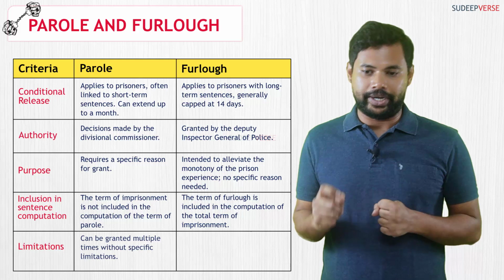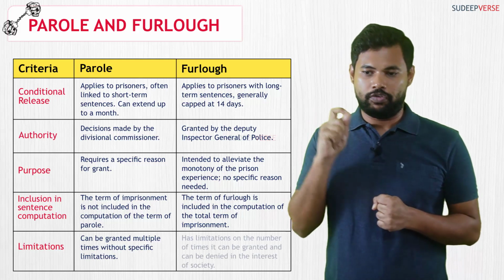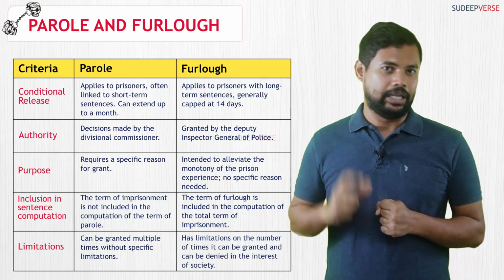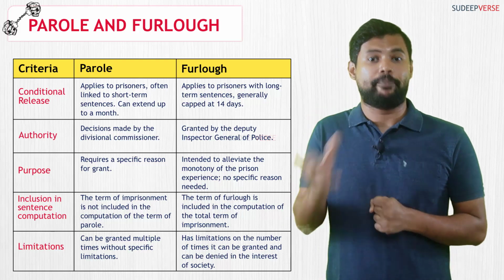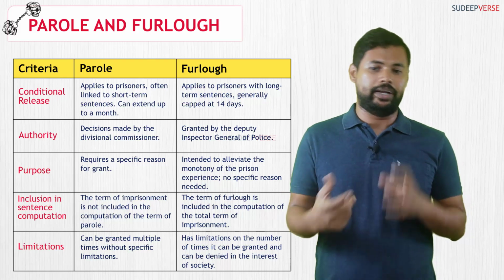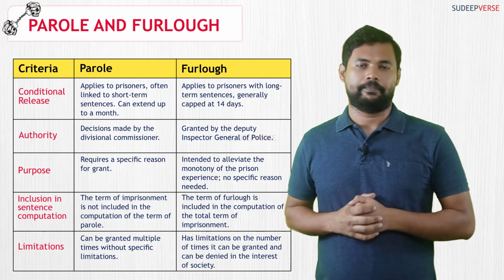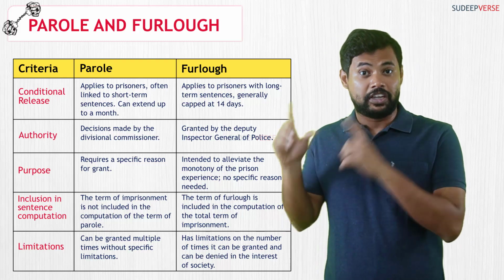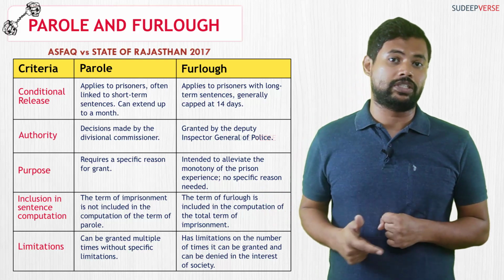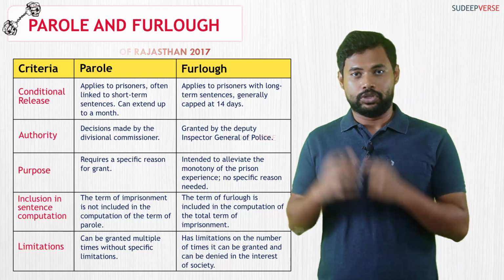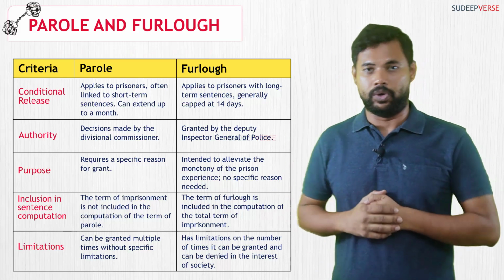Parole can be granted any number of times, whereas in the case of furlough there is a limitation. And since furlough is not granted for any particular reason, it can be denied in the interest of society. These are the differences cited by the Supreme Court in the Ashfaq versus State of Rajasthan case of 2017.